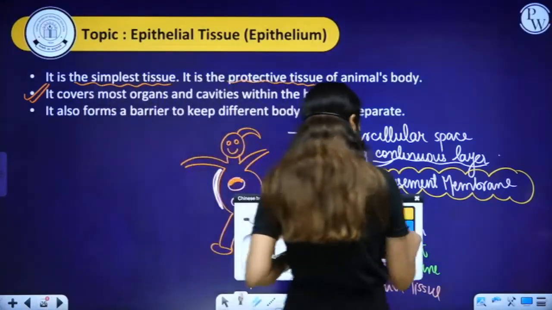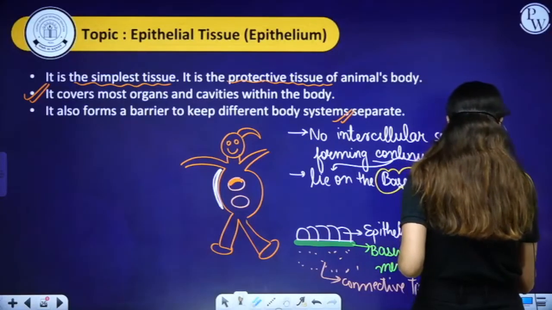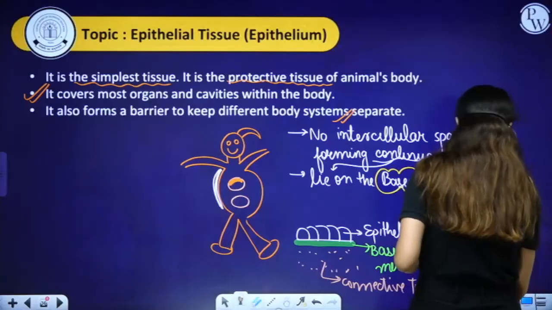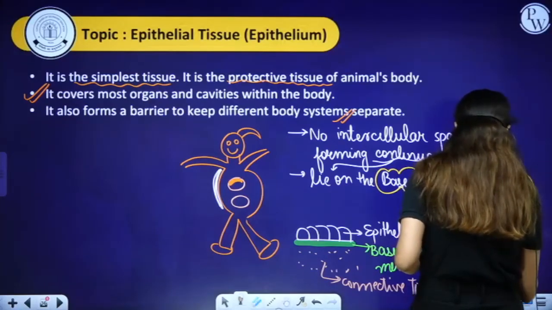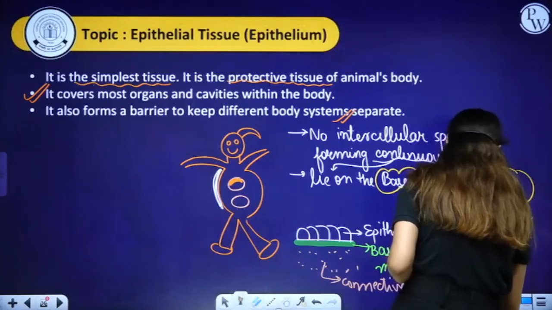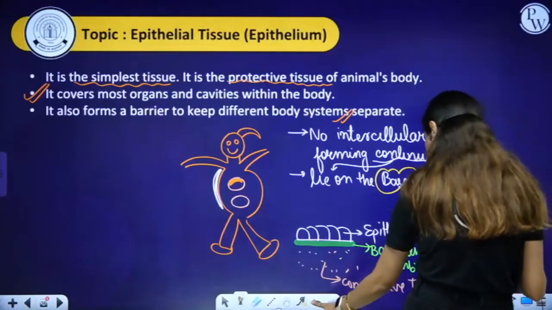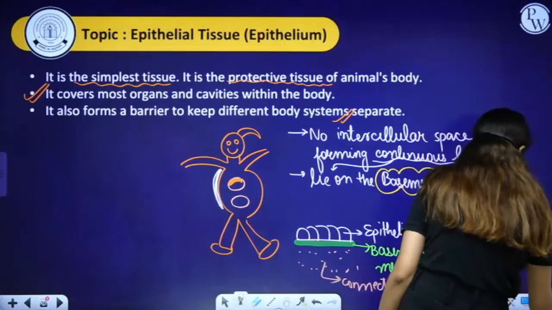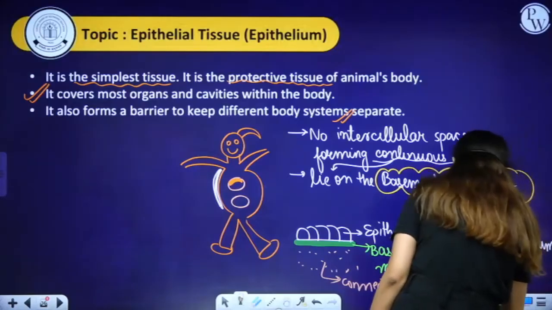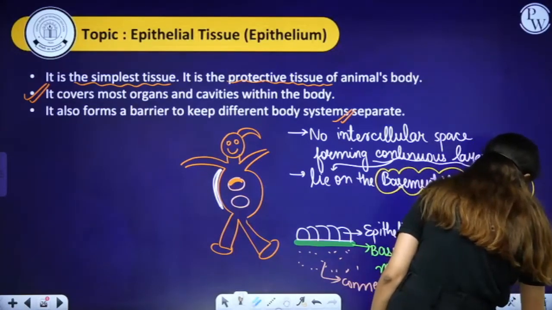So we can mention here, it provides the elastic support, and what else is it doing? It separates the epithelium from the underlying tissue.